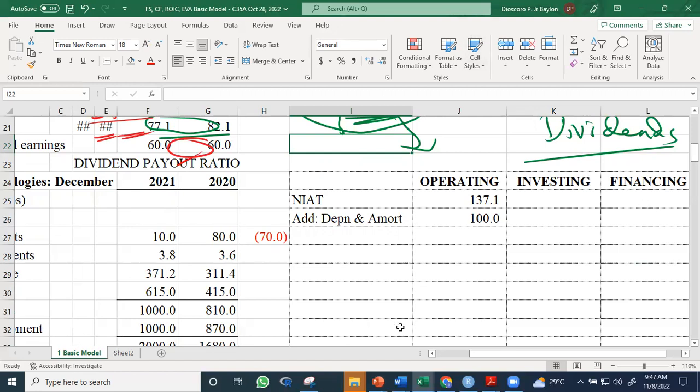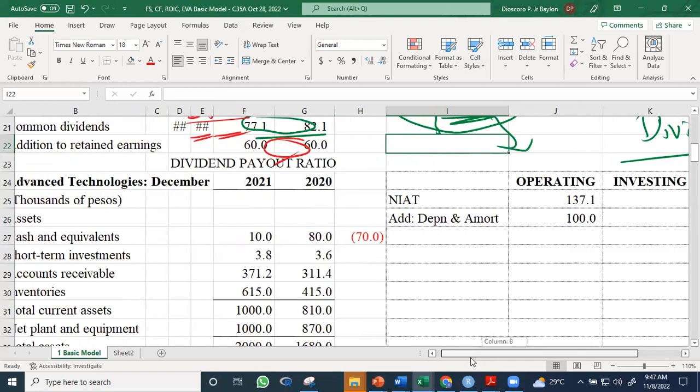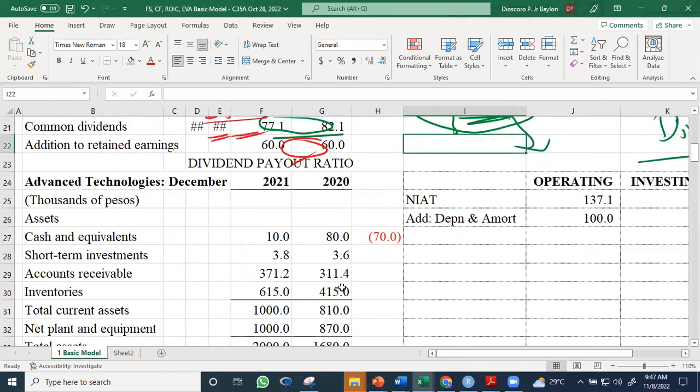Kindly type your answer. We're looking at accounts receivable, which increased from 311 to 371, which means that more sales were generated, right? So what will that fall under? Operating, investing, or financing? And then, is it a source of cash or a use of cash? So please type two letters and do that now, please.